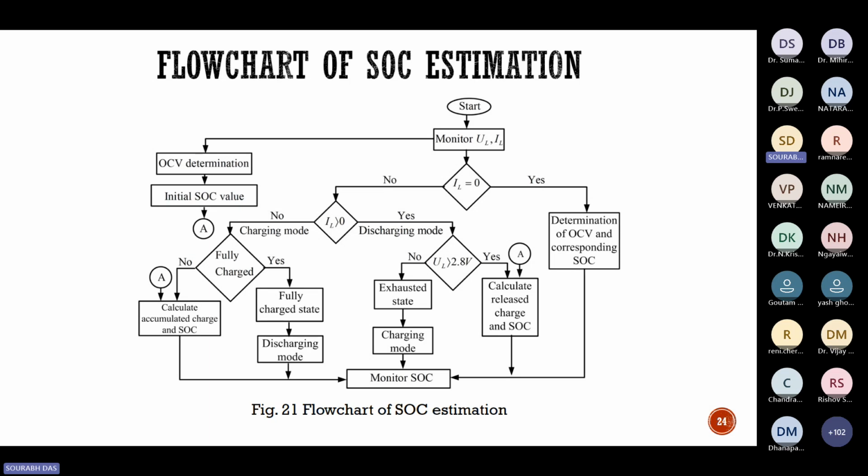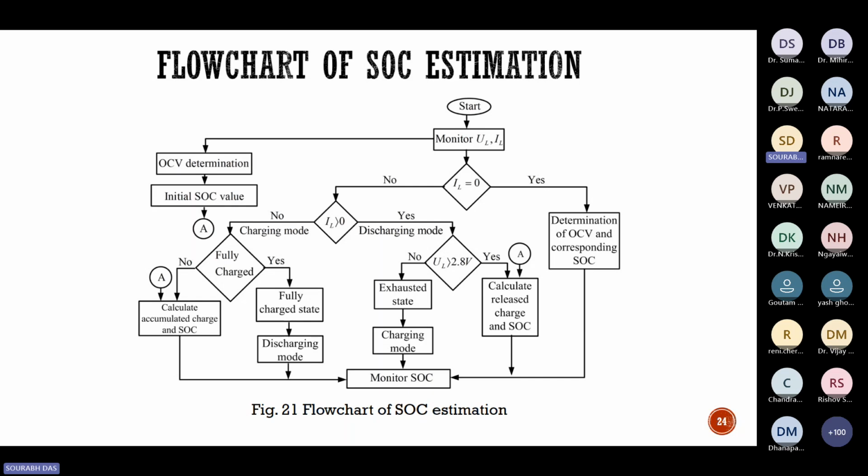If it is zero, then the battery is not under load. Then the terminal voltage is measured and the SOC is determined based on the OCV-SOC curve, and this SOC value is saved for further calculation.